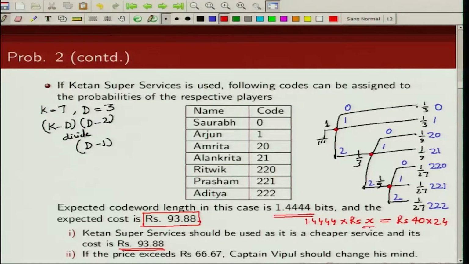From here you can find out the break-even cost. If Ketan increases the cost beyond this point, then Vipul is going to change his decision, and that price comes out to be 66.67. Okay, so if Ketan increases the cost of ternary transmission to more than 66.67 per ternary bit, then Vipul is going to change his decision and will go for Ajit's speedy post. Okay.